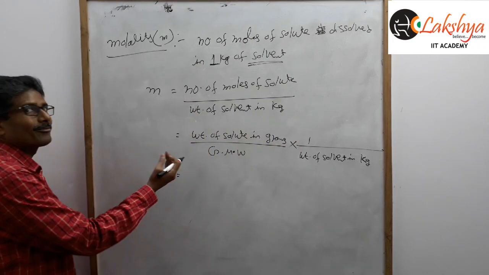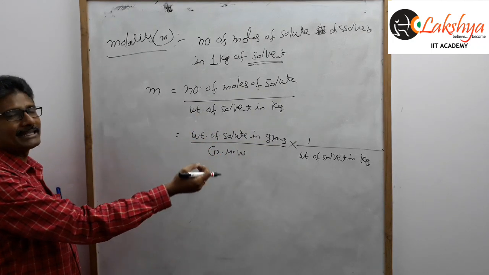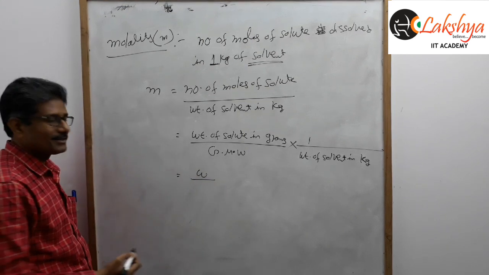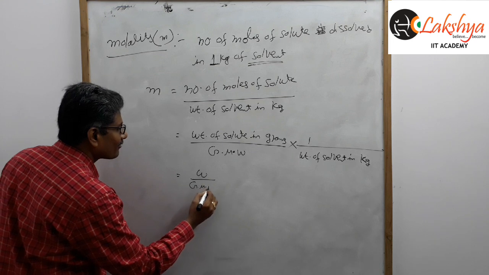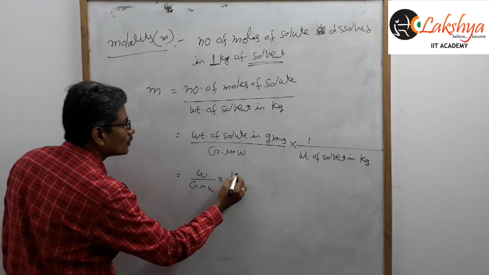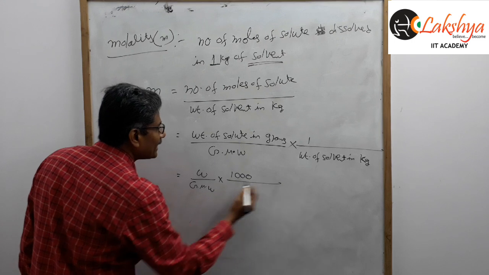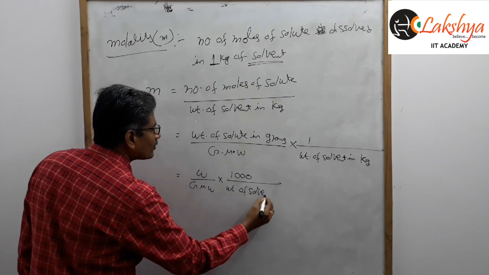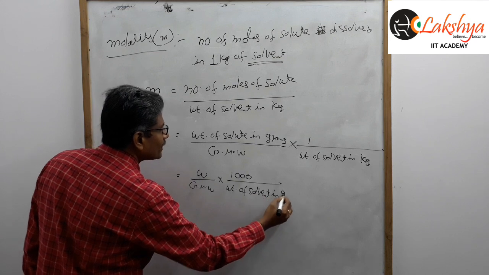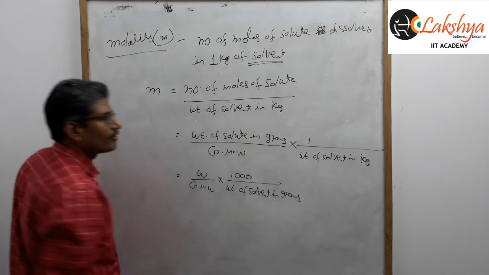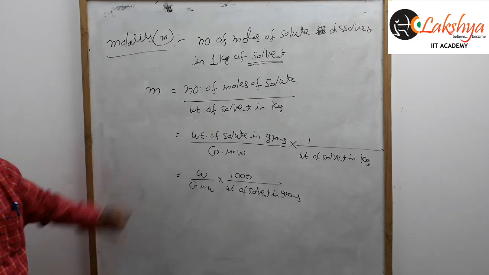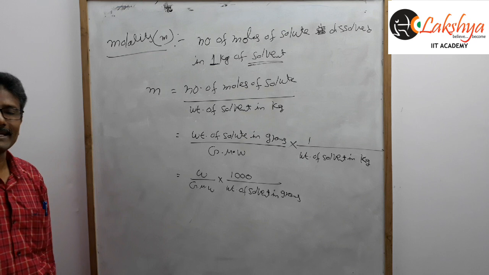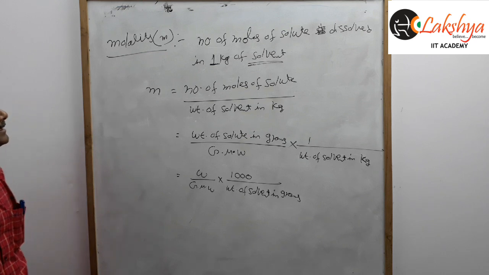So the formula for molality is weight of solute in grams by gram molecular weight into 1000 by weight of solvent in grams. That is the formula for molality.